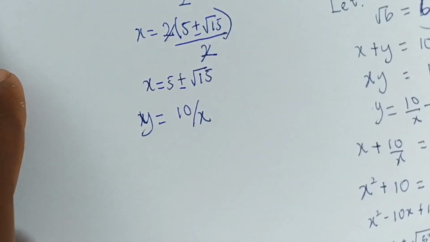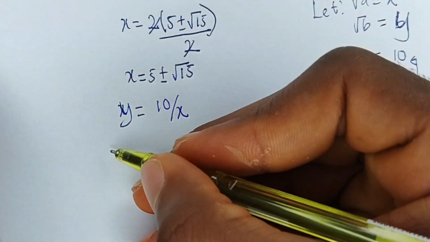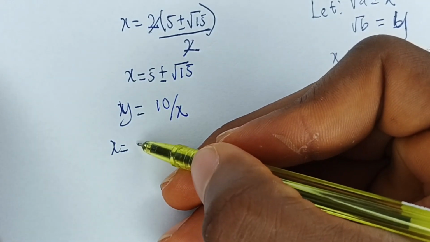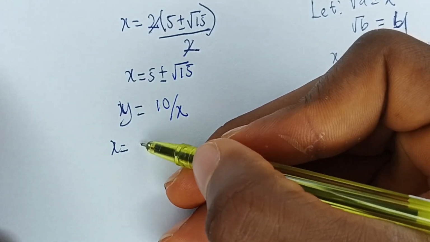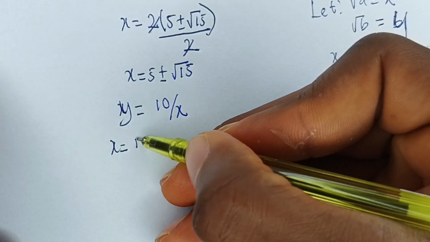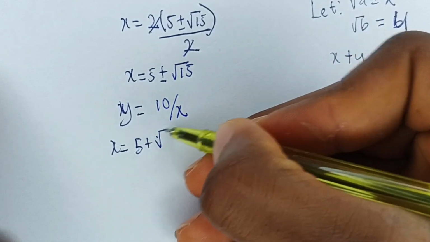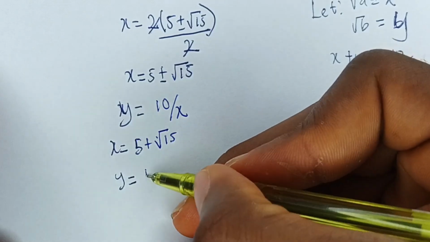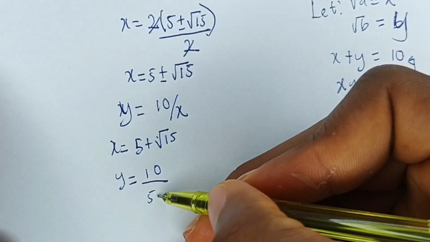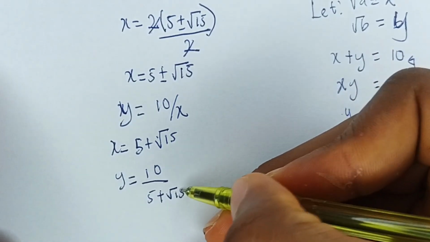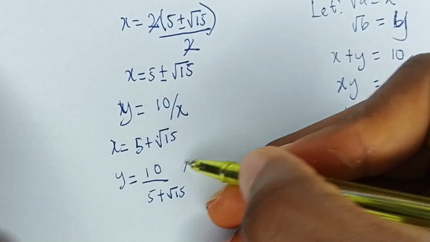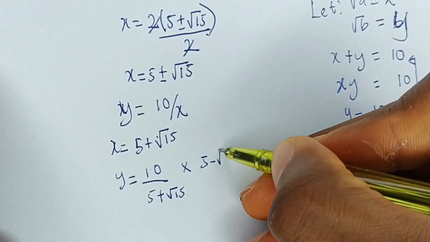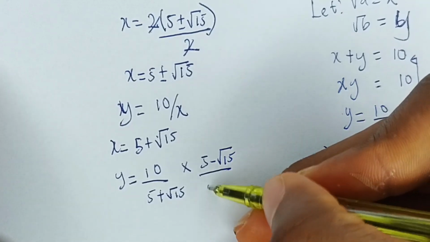Hence, when x is equal to 5 plus root of 15, it means that y will be equal to 10 over 5 plus root of 15. Rationalizing, we multiply both the denominator and the numerator by the conjugate of 5 plus root of 15.